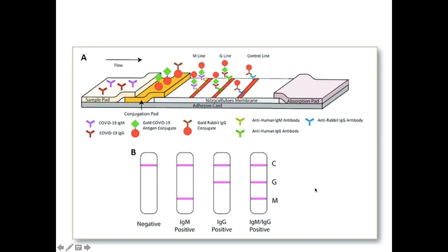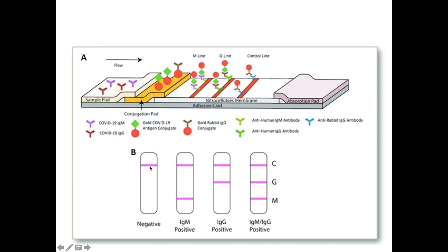If the patient did not raise antibodies against the SARS-CoV-2 virus particle, we could say the patient is negative, not infected. In that case, the antibodies will not be attached to the anti-human antibodies embedded along the M line or the G line.